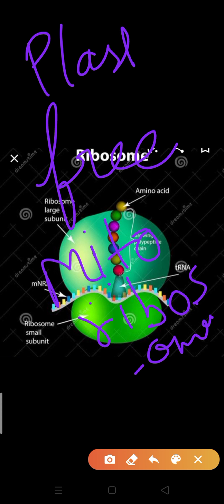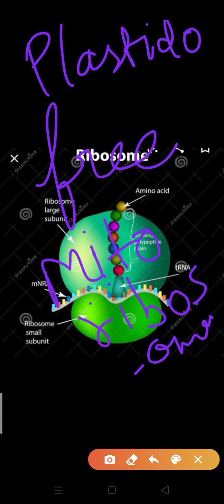When it is present inside the mitochondria, it is known as the mitoribosome. And when it is present inside the plastid, it is known as the plastidoribosome.